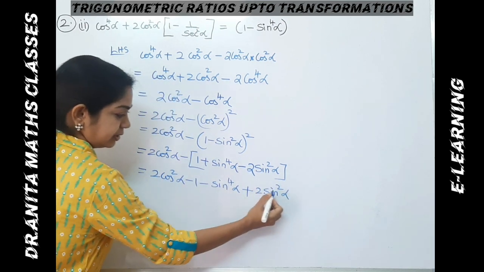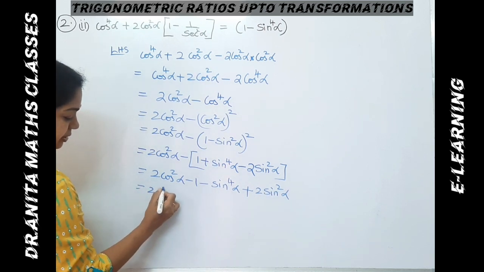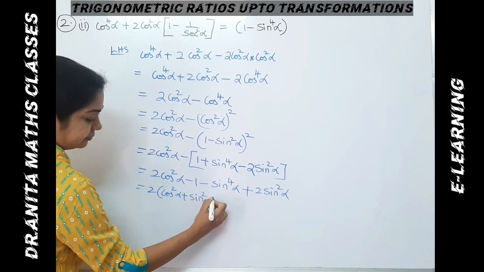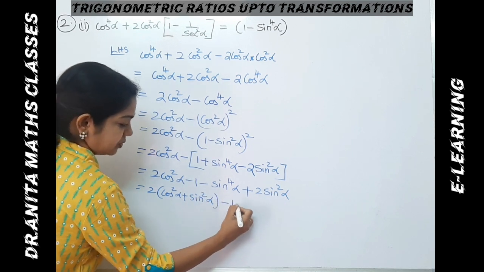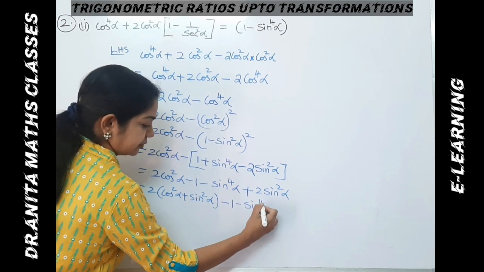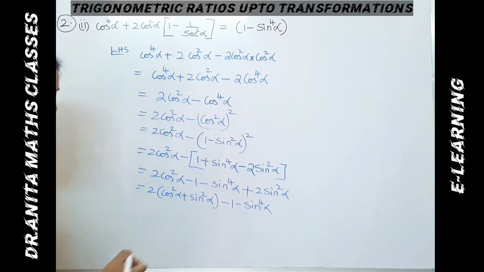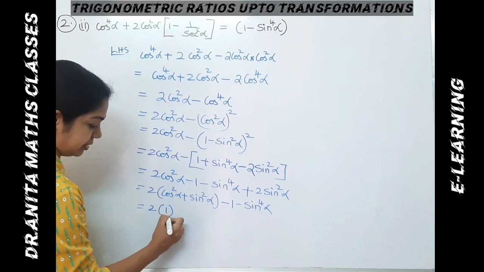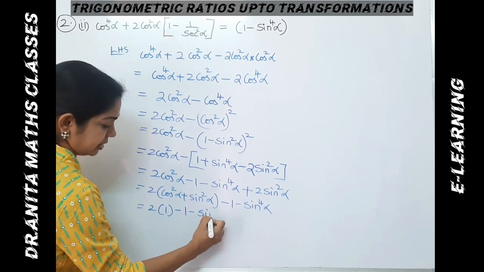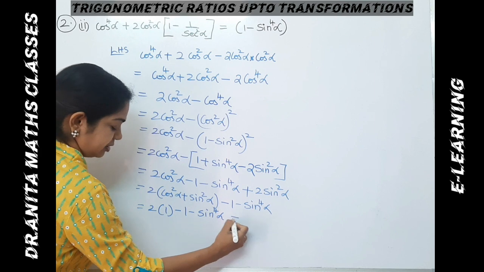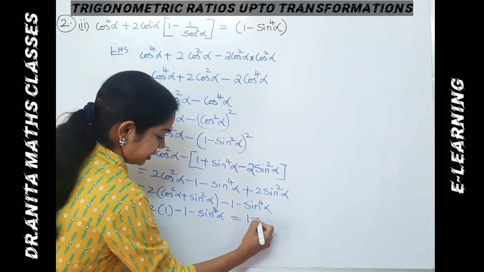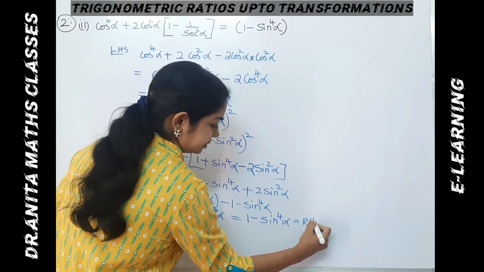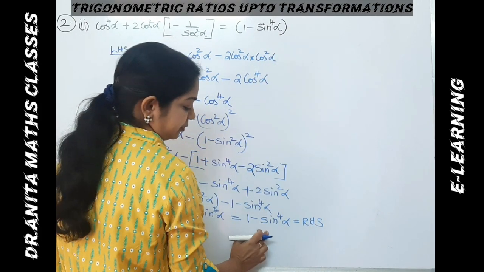Now 2 and 2, if you take common, it comes to cos square alpha plus sine square alpha minus 1 minus sine to the power of 4 alpha. This is the first identity, so we write 2 into 1 minus 1 minus sine to the power of 4 alpha. So 2 minus 1 is 1, 1 minus sine to the power of 4 alpha. This is the RHS part, right? 1 minus sine to the power of 4 alpha.